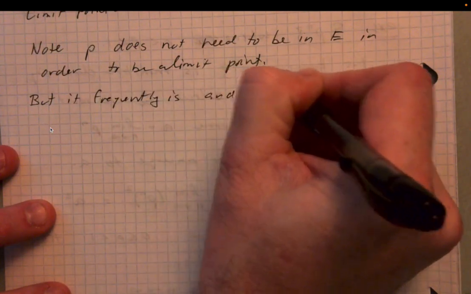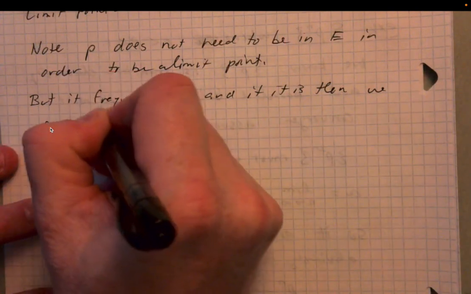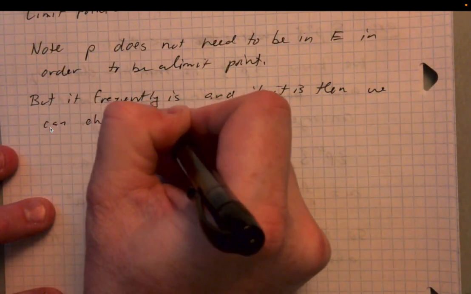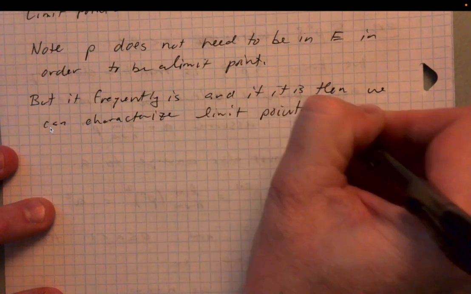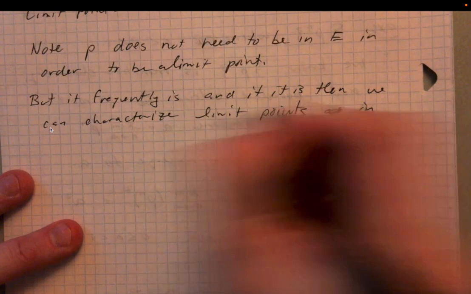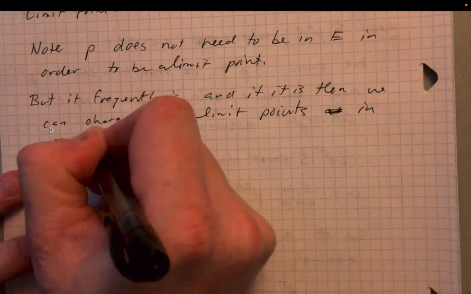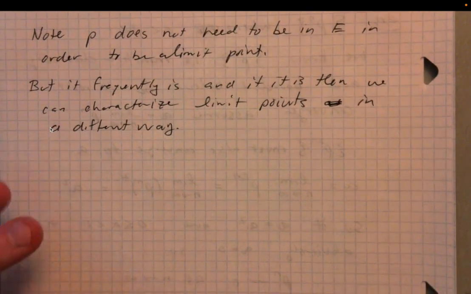And if it is, then we can characterize limit points in a different way, right? We can use the idea of an intersection.